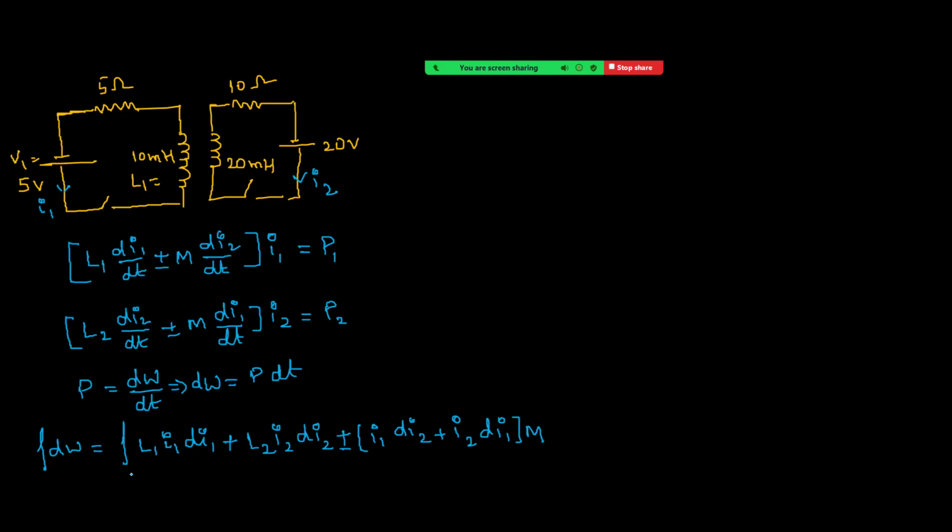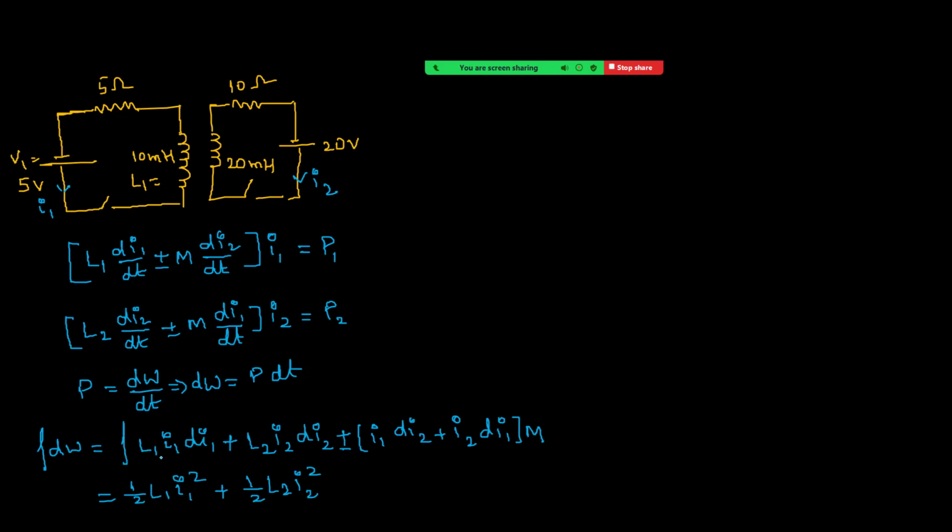Now take limits, from 0 to, see what we get. He is asking until the steady state is reached. Therefore, the first one becomes half L1 I1 square, plus half L2 I2 square.